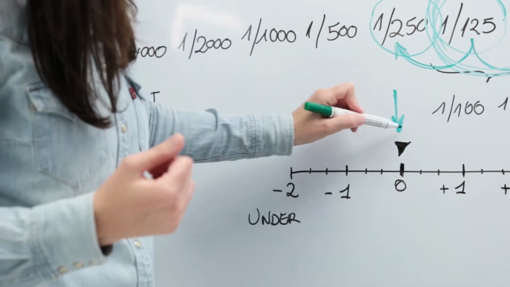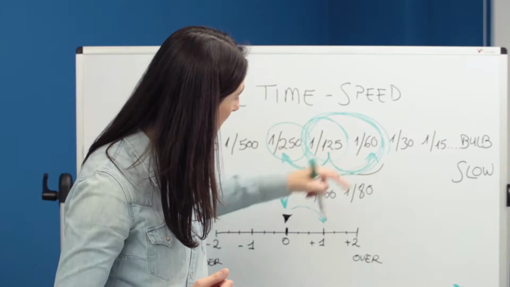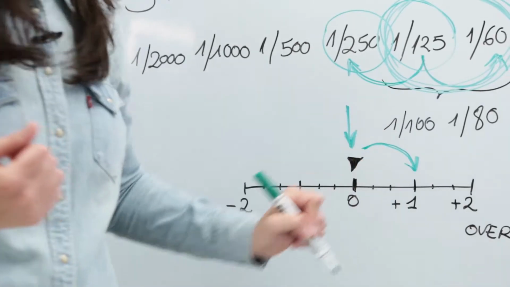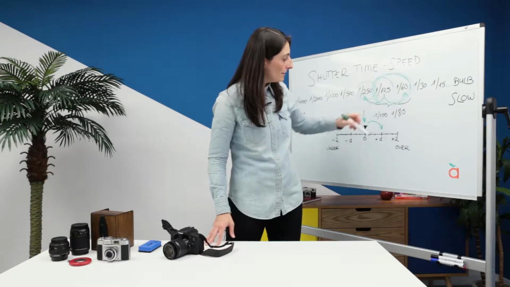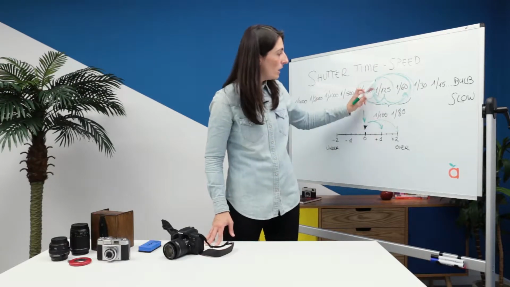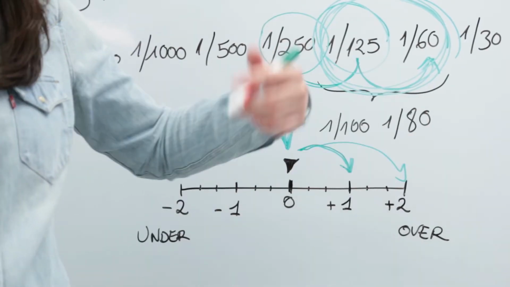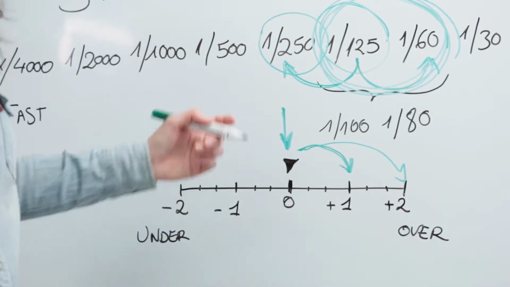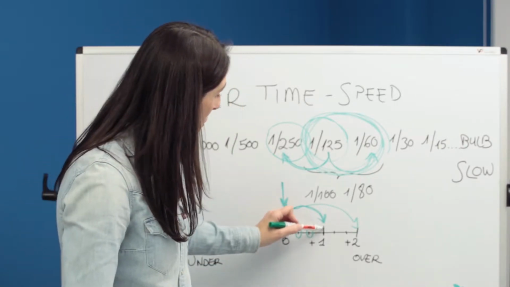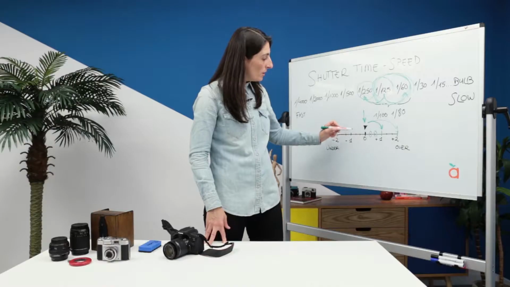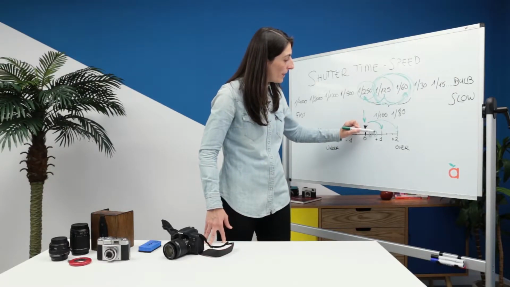It's also important to know that every time we change the speed, we are moving one step back or forwards. So guys, if we change the speed from 125 to 60, we are going to add 1 point of light. And from 125, for example, to 30, in this case, we're going to double the amount of light, as you can see in here. These smaller marks over here, which you see between +1 and +2, refer to 1/3 of light.